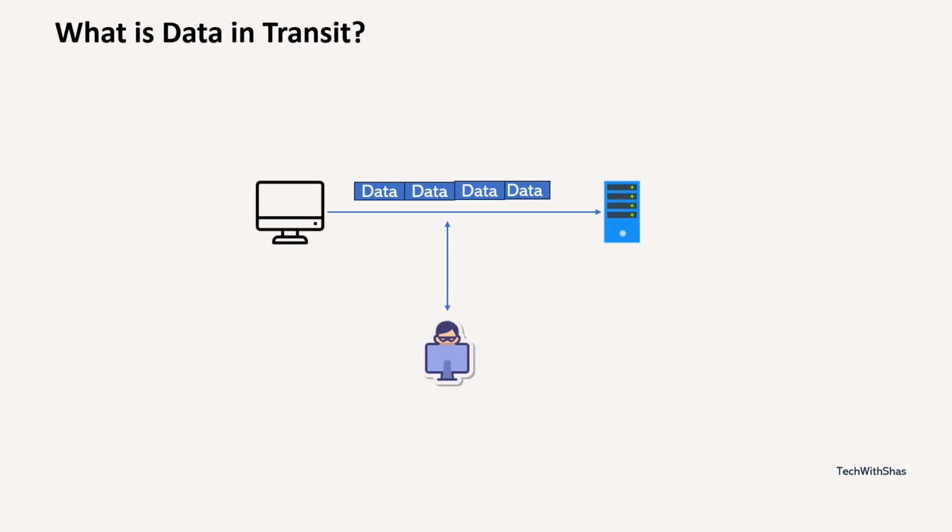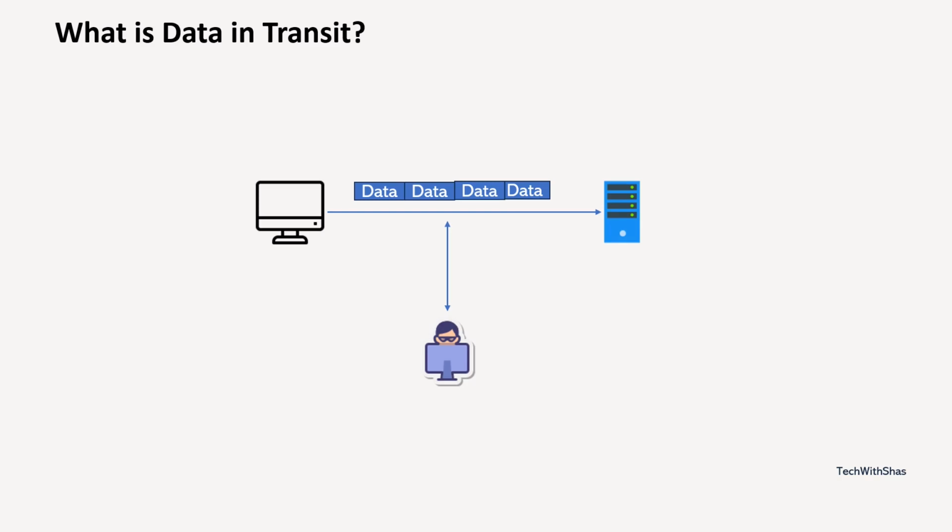Data in transit is really critical, because if a hacker or malicious actor can listen into the conversation happening between the client and server, that is going to be a disaster. As developers, we always focus on the client side and the server side, but we miss this critical piece when data is out in the world.